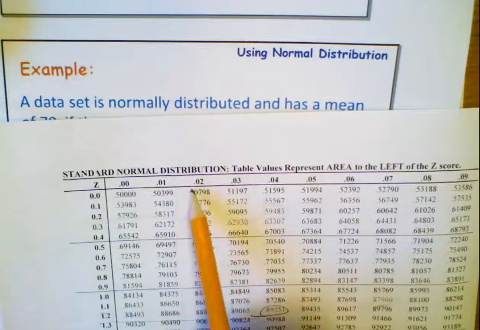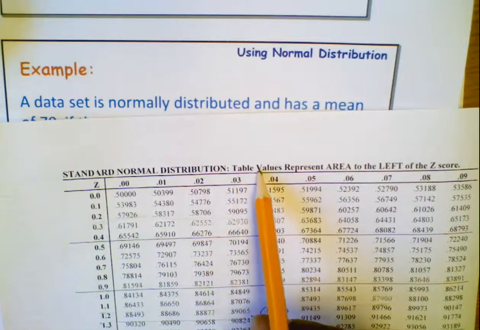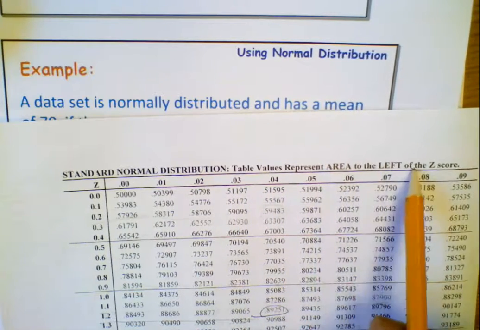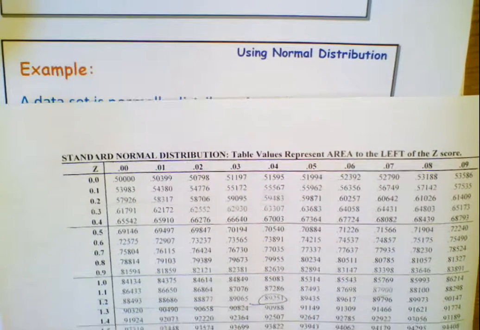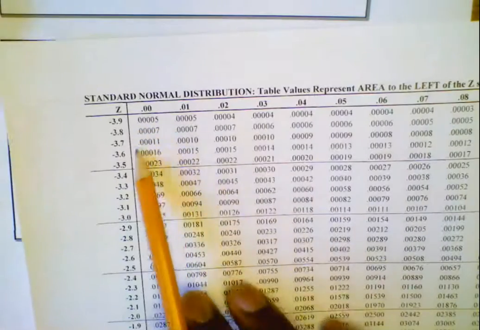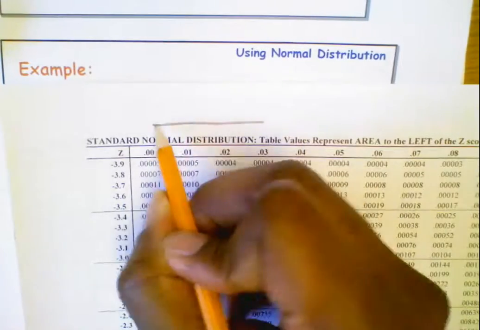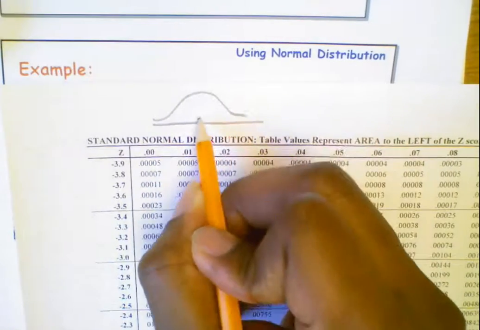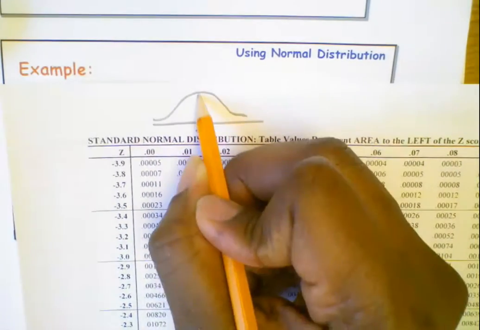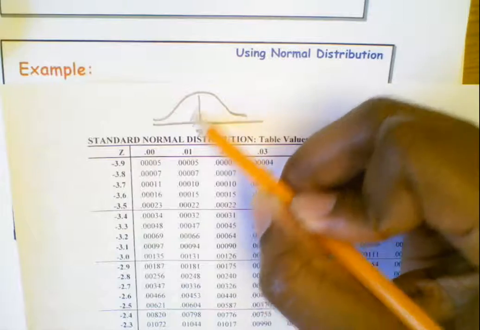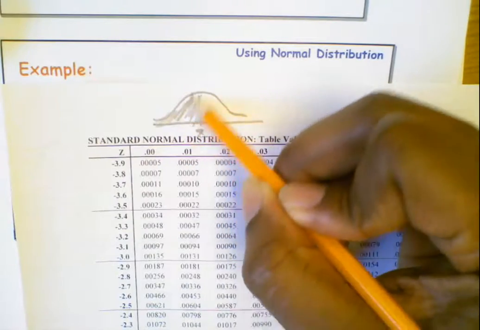This is the standard normal distribution table where we find the area underneath the curve from the left up to the z-score. On the left side, you've got negative values. All this means you're on the left side of the mean.